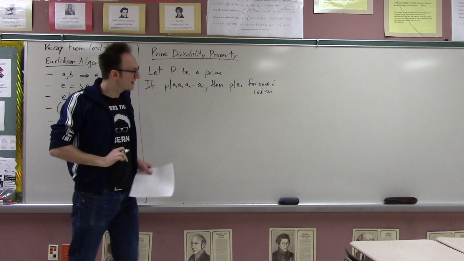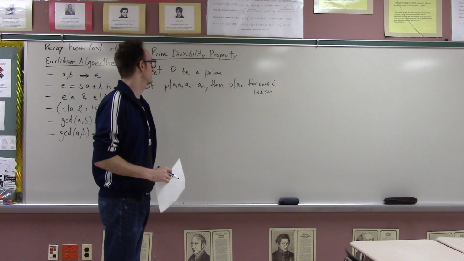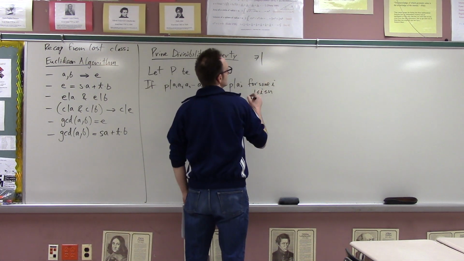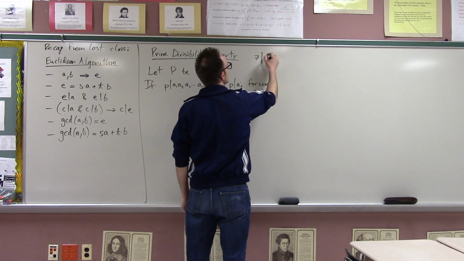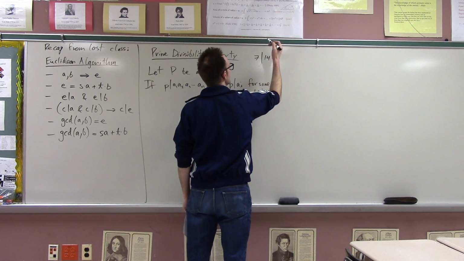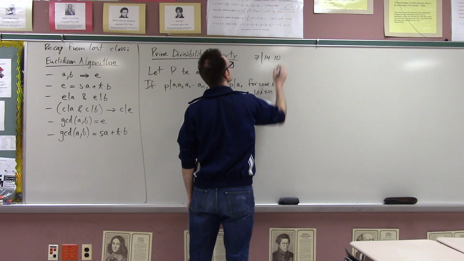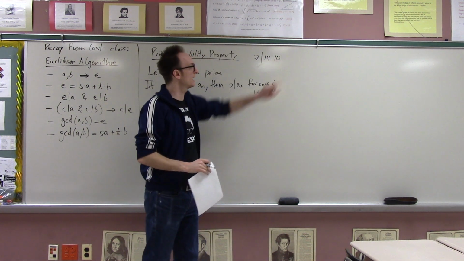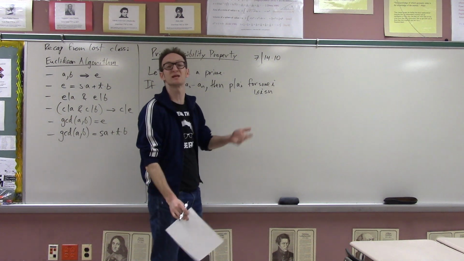The way to think about this is that a prime number like 7, if it divides some product of numbers like 14 and 10, then it has to go into one of those numbers, either 14 or 10. In this case it's 14.